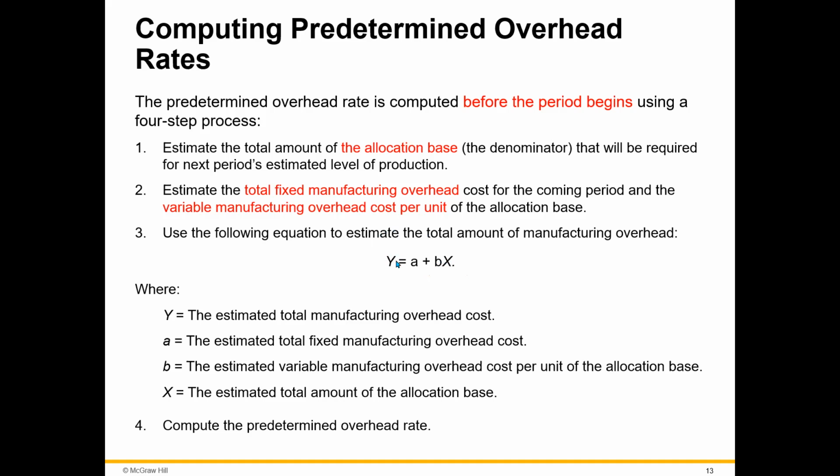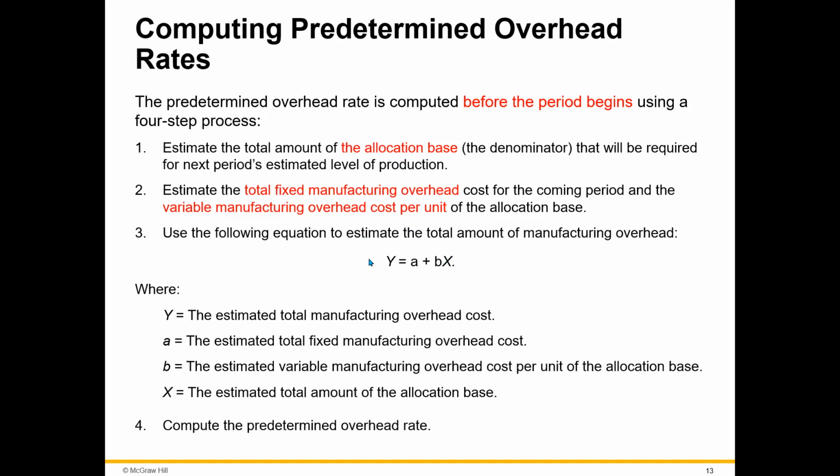So Y is the total estimated overhead, and A is your total estimated fixed overhead. Then B is your estimated variable overhead per unit of your cost driver. And X is your total estimated allocation base, like your total chosen cost driver to allocate the overhead, like your total direct labor hours needed for the year or total machine hours needed.